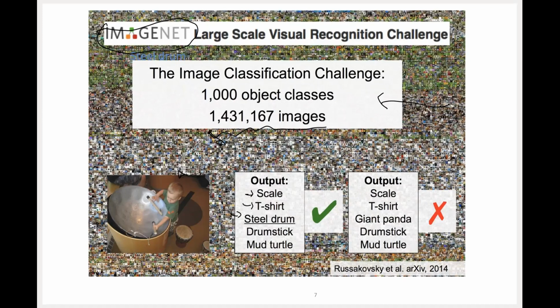Based on the top 5 criterion, this will be a correct classification because I can pull out the steel drum here. If the model's output does not include the correct label, then we consider this an incorrect classification.